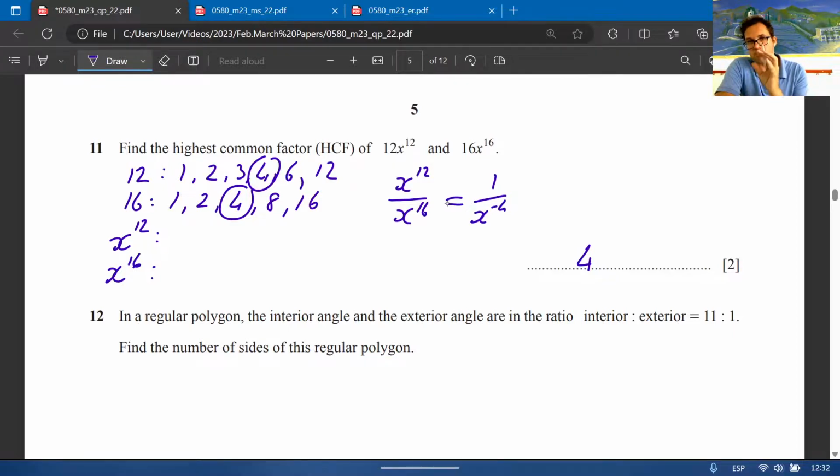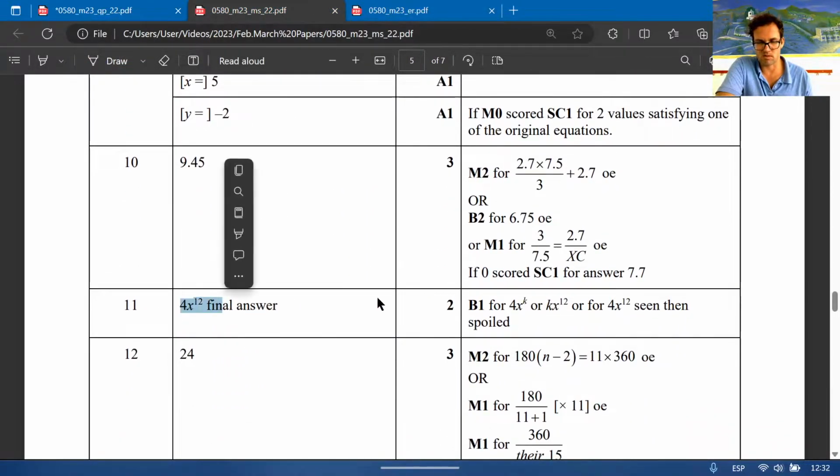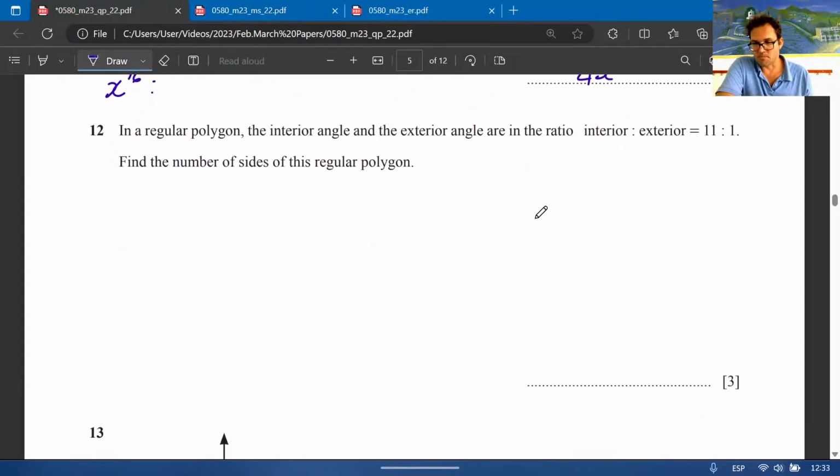So the biggest thing you can divide into x to the power of 12 is x to the power of 12. And the biggest thing you can divide into x to the power of 16 that you can also divide into x to the power of 12 is x to the power of 12. Make sense? Well, that's the answer.